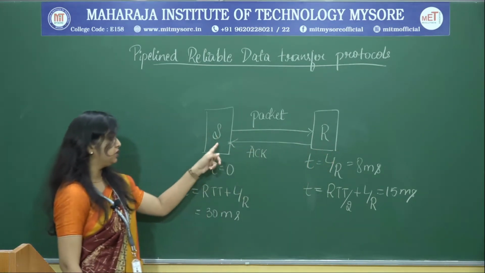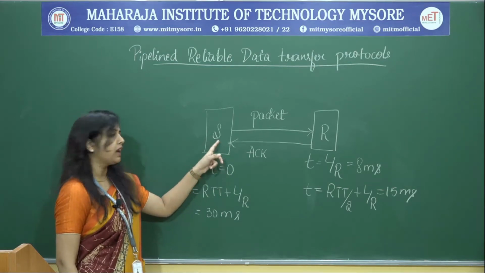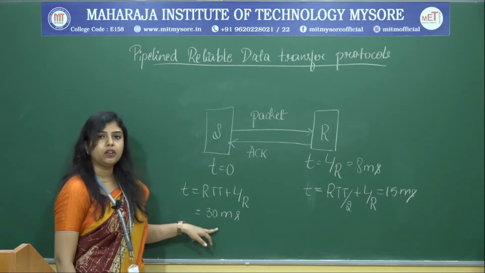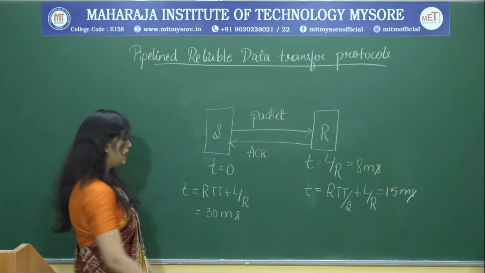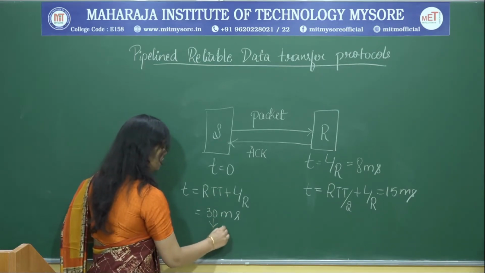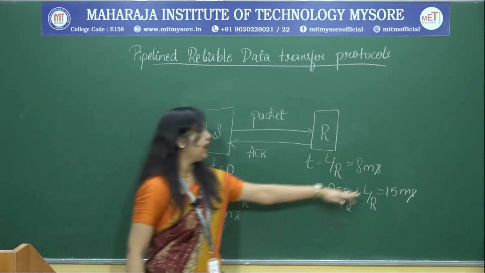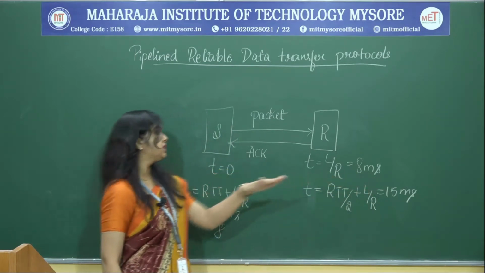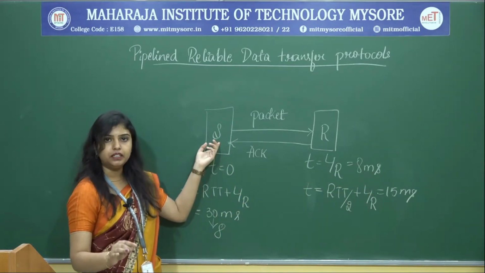So, from the sender sending the packet to the receiver and then receiving the acknowledgement, for each packet the sender has to wait 30 microseconds. Out of these 30 microseconds, the sender was utilizing only 8 microseconds to send a packet, and the remaining time the sender was waiting to receive the acknowledgement, isn't it?